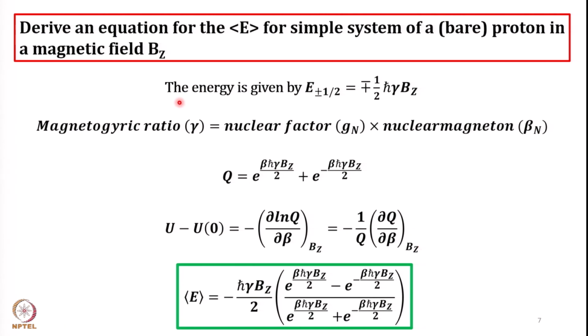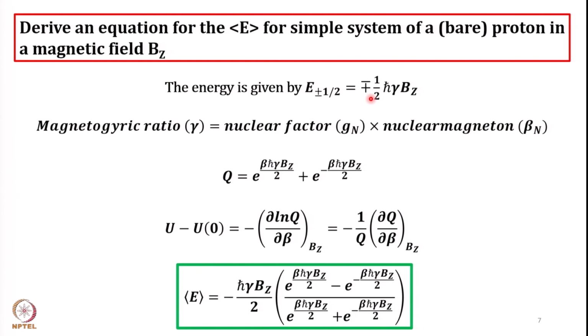And the energy for a bare proton is given by E plus minus half is equal to minus plus half h-cross gamma Bz, where gamma, which is magnetogyric ratio, is a product of nuclear g factor Gn and nuclear magneton beta n. So there the energy is given by both the terms with plus sign and with the minus sign, representing two different energy levels.